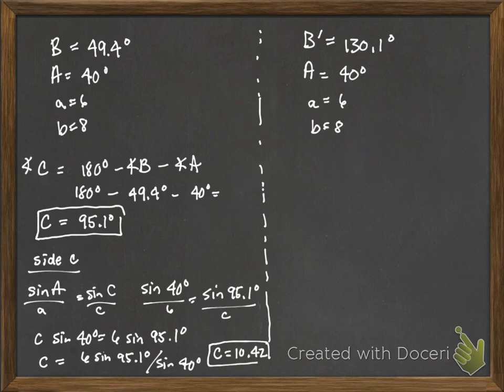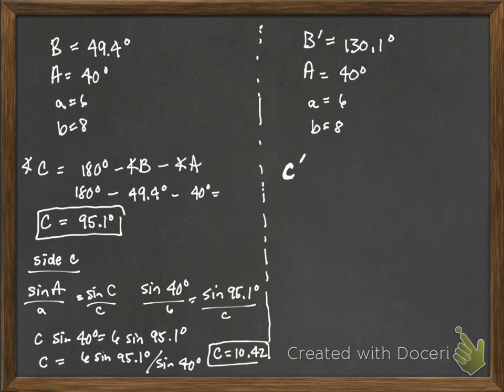So I finished the one side. Now I have to go and get the other side. I'm doing this triangle based off of B complement, which was 130.1 degrees. Angle A doesn't change, it was given as 40 degrees. Side A is 6 and side B is 8. So I have to find C supplement, excuse me, I keep screwing that up.